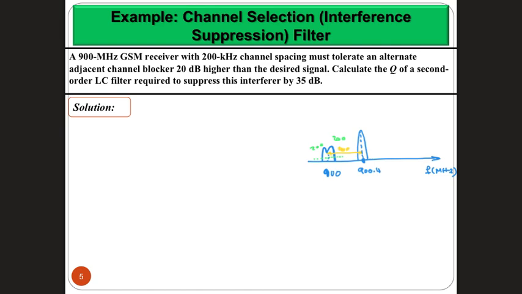So basically, this means that my filter must make sure that I can tolerate a difference between those two signals, in terms of level, that can reach up to 20 dB, right? Okay.